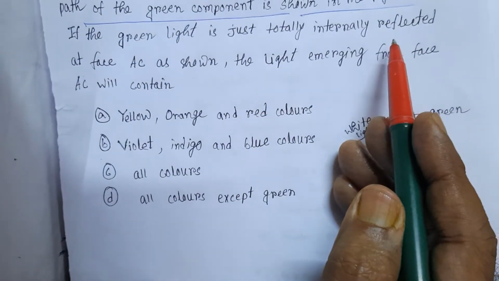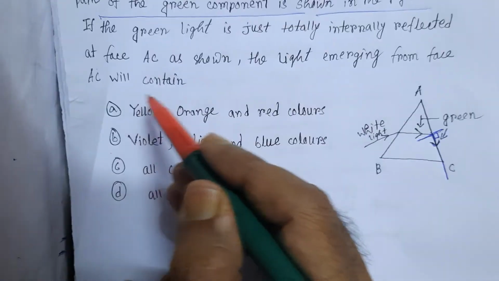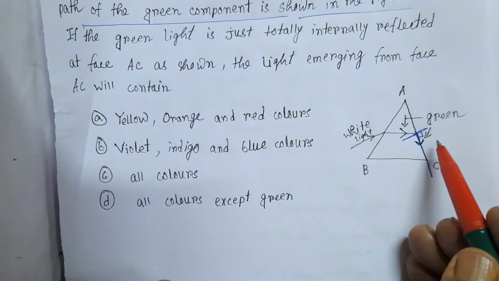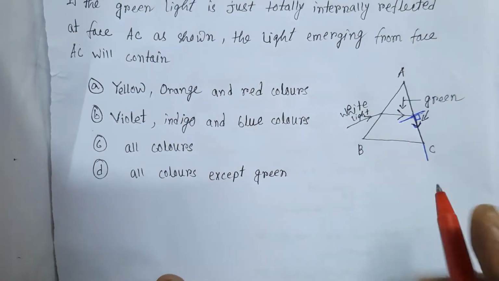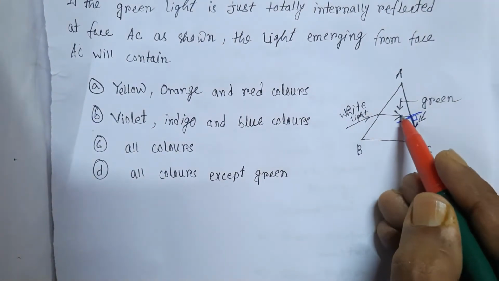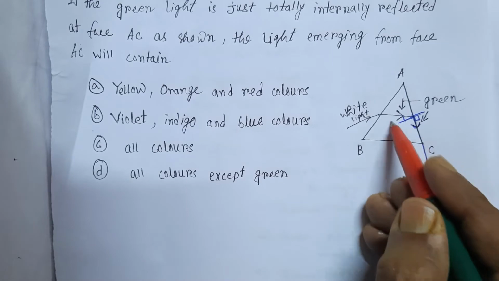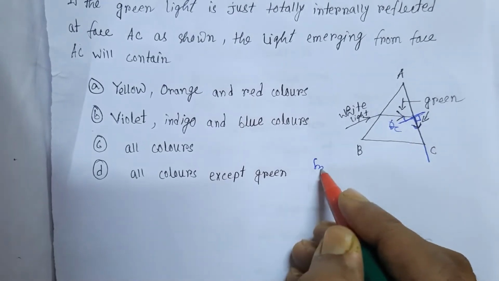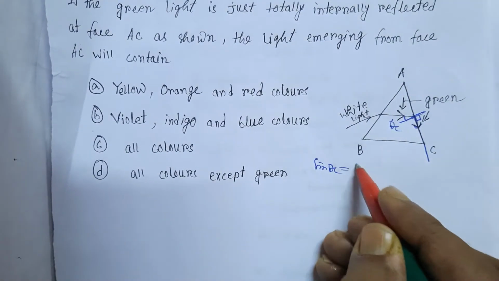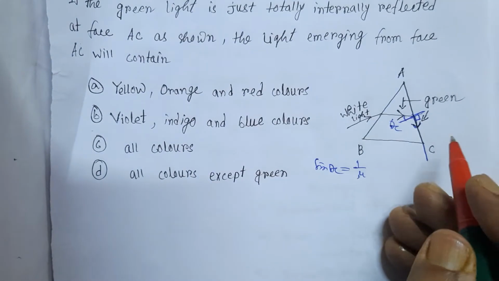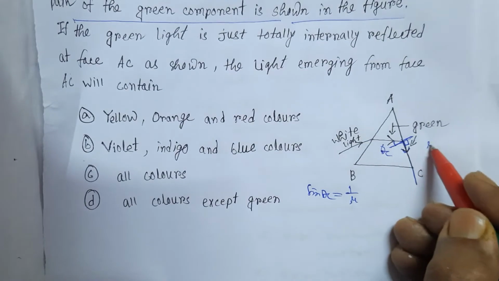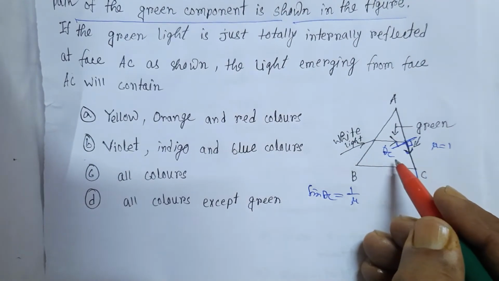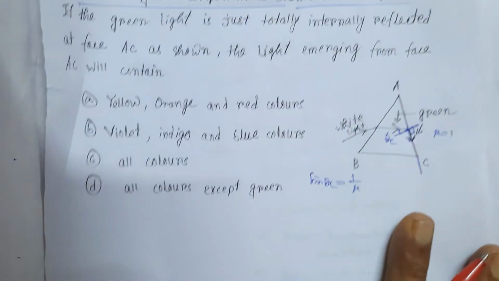Now the question is, the light emerging from the face will contain which colors. When the angle of incidence to the second surface is theta c, we know that sin theta c equals 1 by mu. It is taken that the refractive index of the outside medium is 1 and the refractive index of the material of the prism is mu.